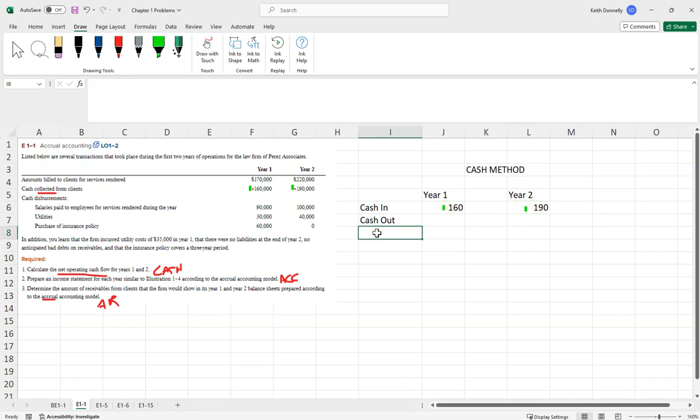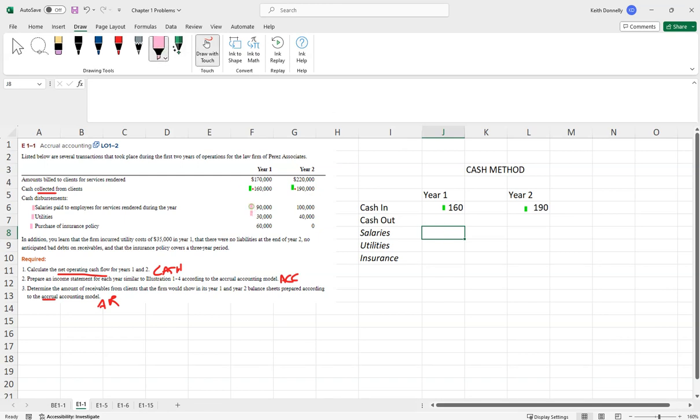Now, when we talk about our cash out, here's the disbursements. We'll make this pink. It looks like there were some salaries, utilities, insurance. So we will have salaries, utilities, insurance.